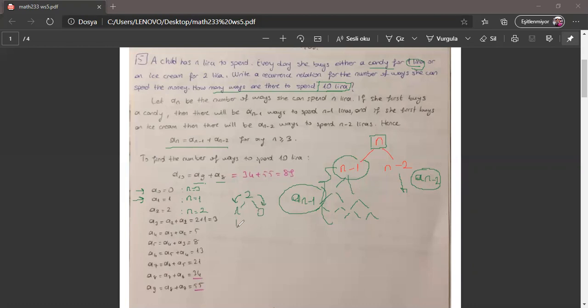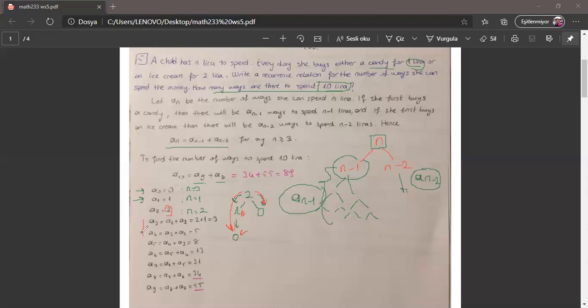And with this money, she can buy again a candy. So this is one way to spend her money: 2 times she can buy a candy. And this is another way to spend her money: just once, buying an ice cream. So there are 2 ways to spend this money.